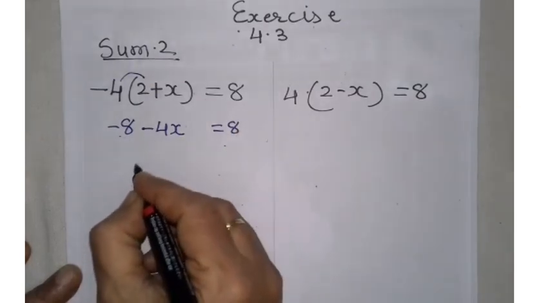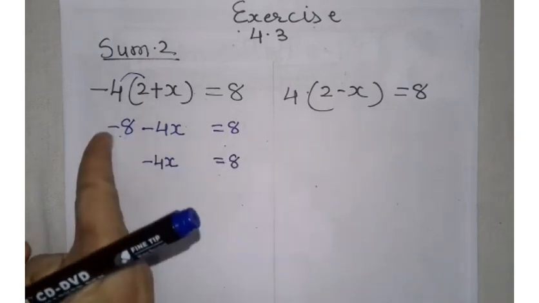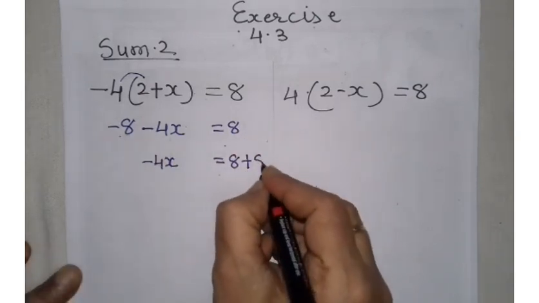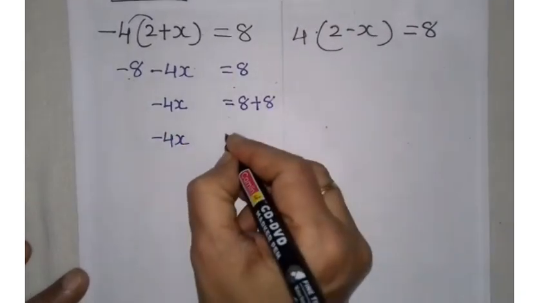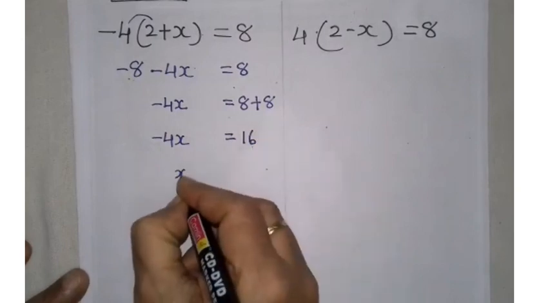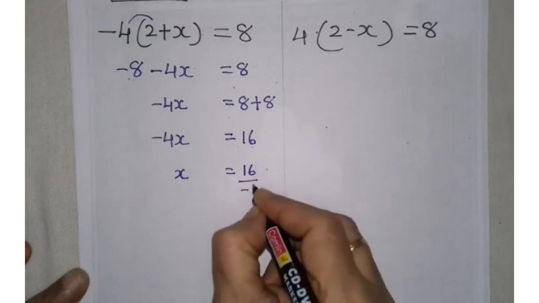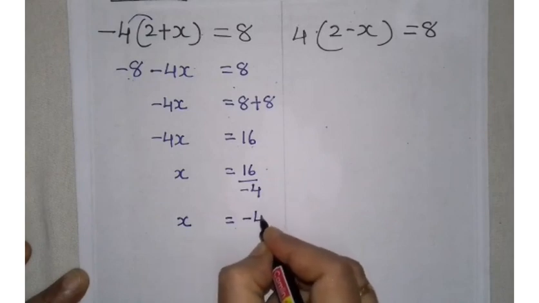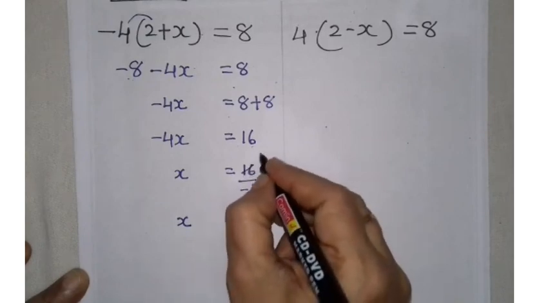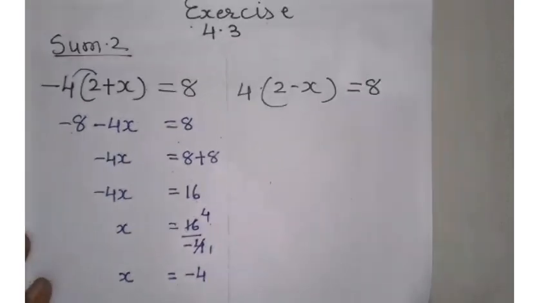Clear? Now this minus 8 on the left hand side, on the right hand side it will be plus 8. Understood? Clear? So minus 4x is equal to 16 and x is equal to 16 upon minus 4. So what will come? 4 ones are 4 and 4 fours are 16. But as it is a minus, the answer is x is equal to minus 4.